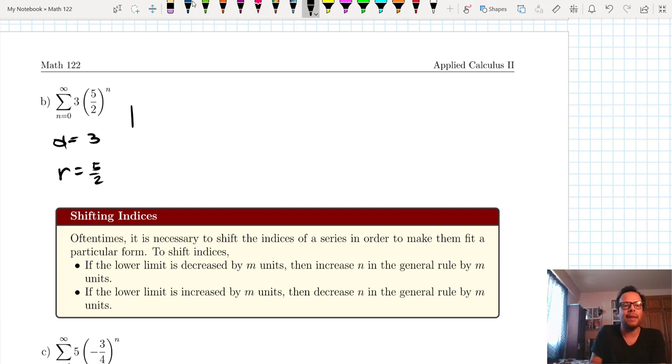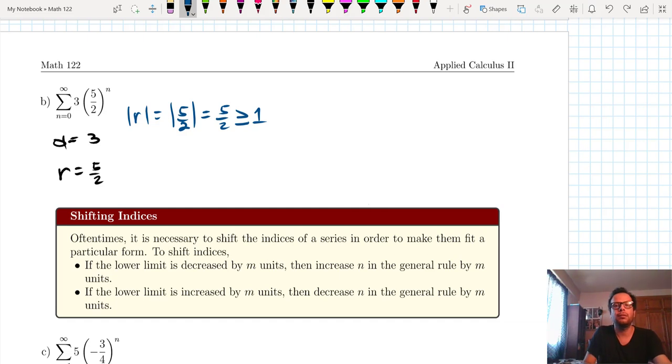In this case, the absolute value of the common ratio, which is the absolute value of 5/2, which is 5/2, is greater than or equal to 1. So because of this, the series diverges and done deal.